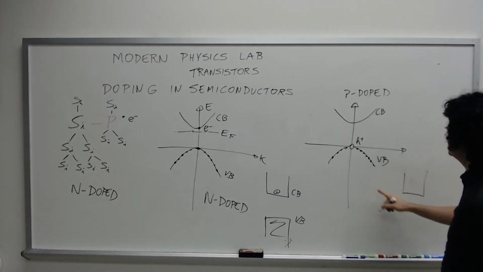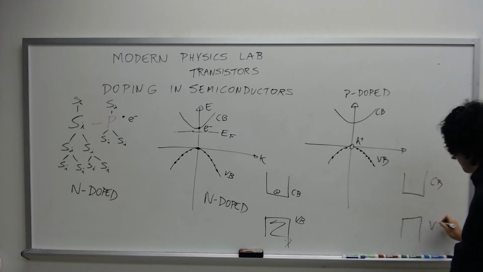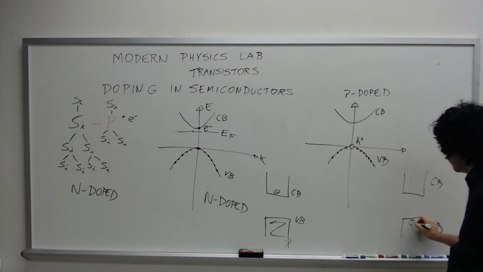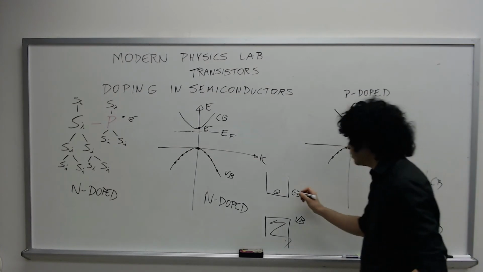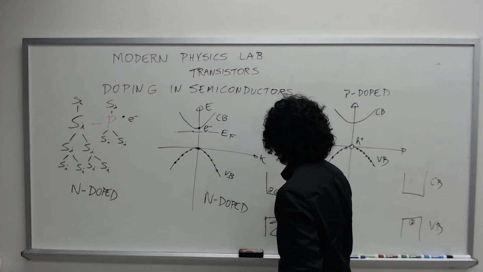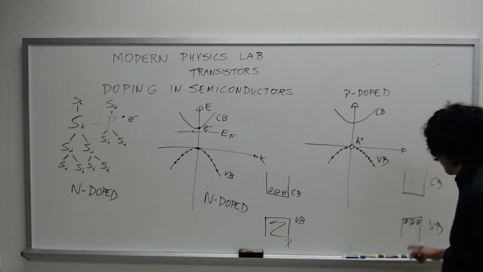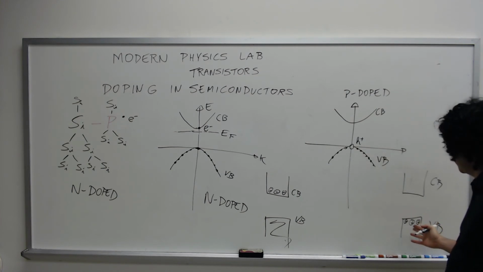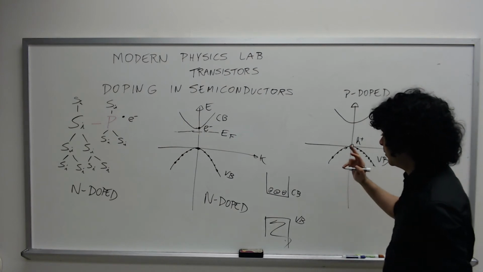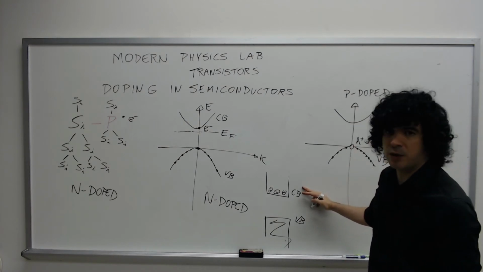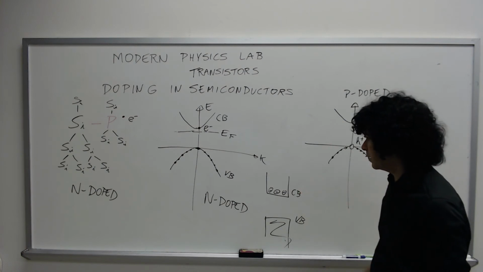And for the p-doped, I have a hole here, so I can have more than one hole for the entire crystal. So you have holes in the valence band of the p-doped semiconductor, and you have electrons in the conduction band of the n-doped semiconductor.